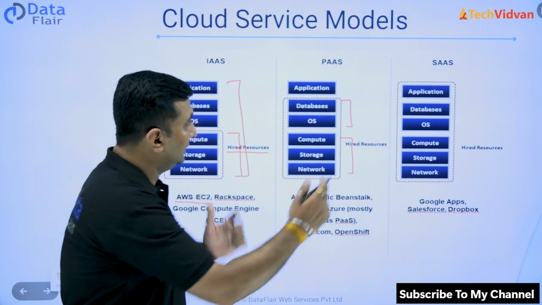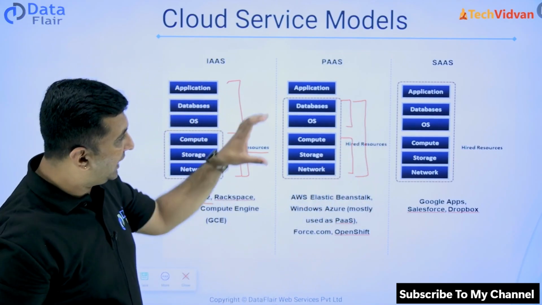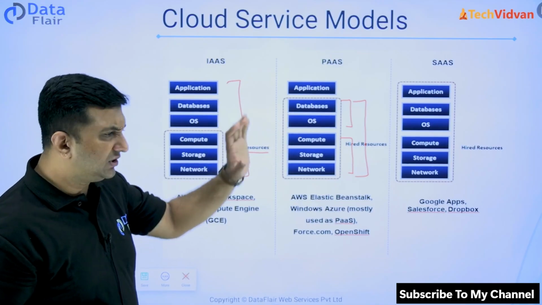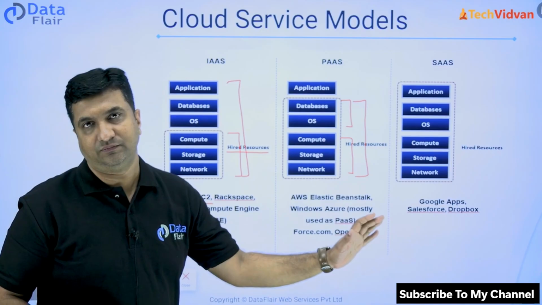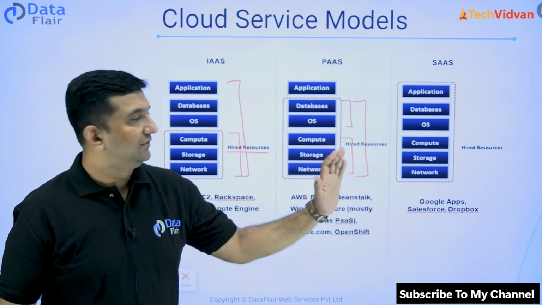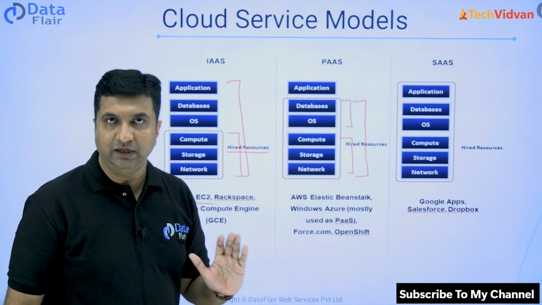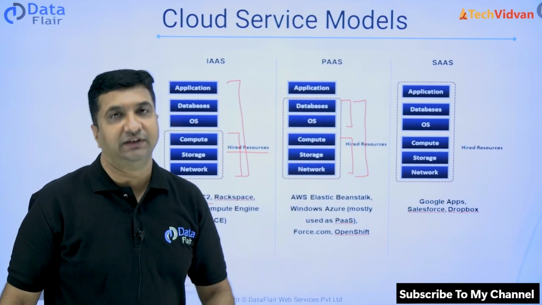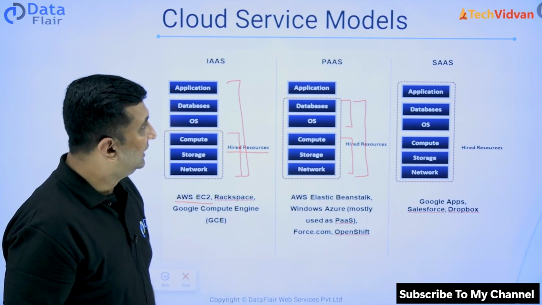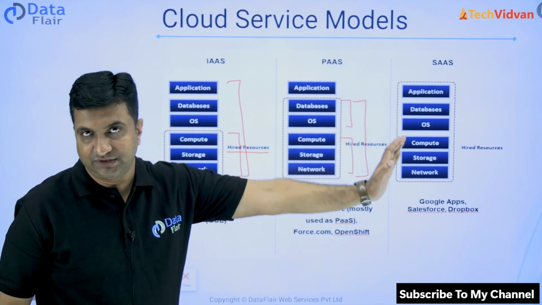Now you can see this stack is bigger. When you have this whole stack, you just have to come up with your application and install it. That's it. You have the platform with the basic infrastructure, fundamental building blocks, and the operating system along with a database if required. This category is known as platform as a service, right?